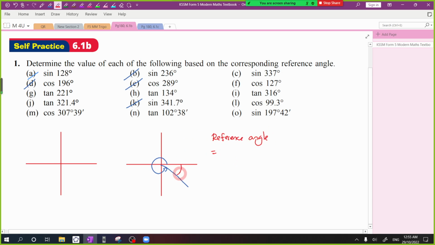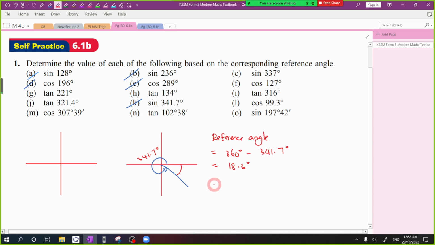In order to get this angle, we have to take 360 degree minus 341.7 degree. Okay, then just press your calculator. 18.3 degree.